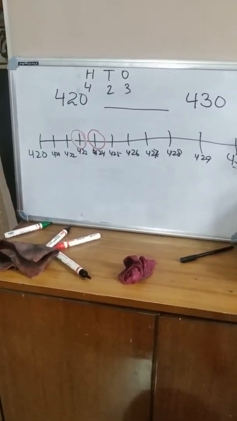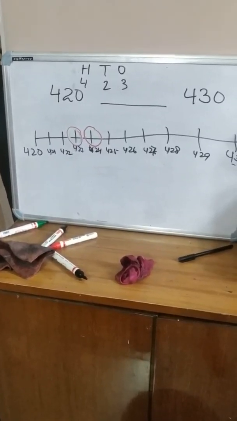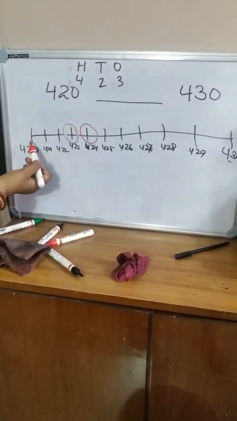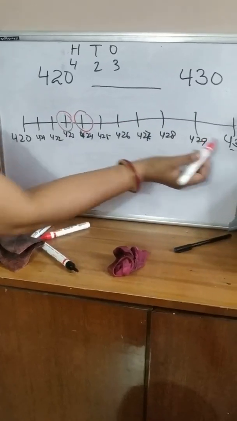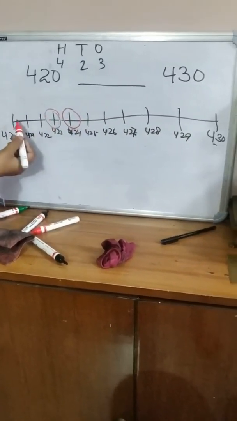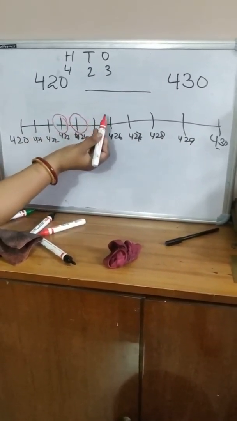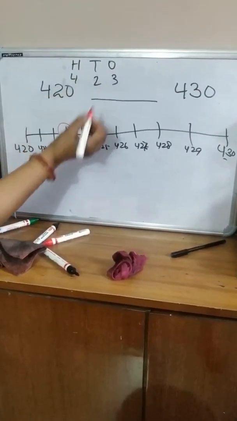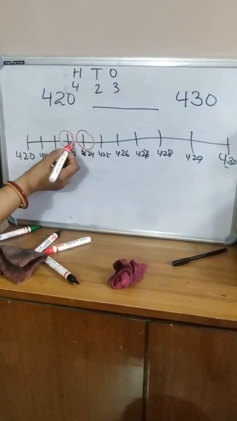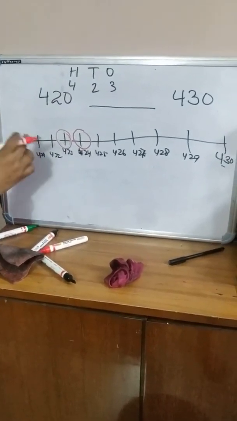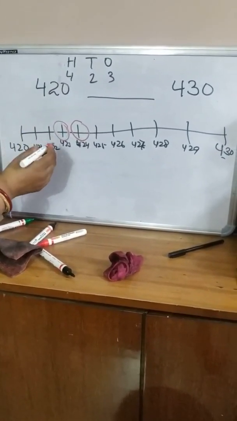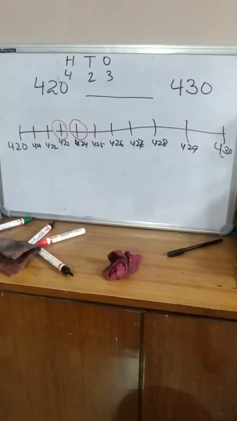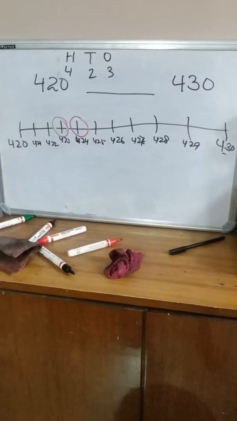So let's see what I will do. Firstly, all of you see this 420 to 430, there are 10 parts. Now in between the two numbers 423 and 424, what will we do? I am going to divide this 423 and 424 into 10 equal parts.